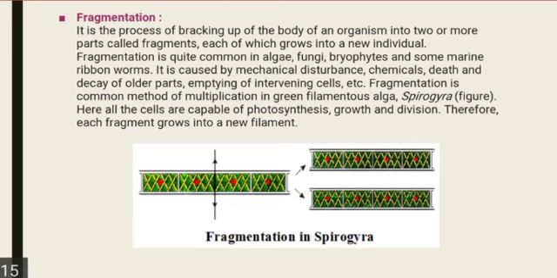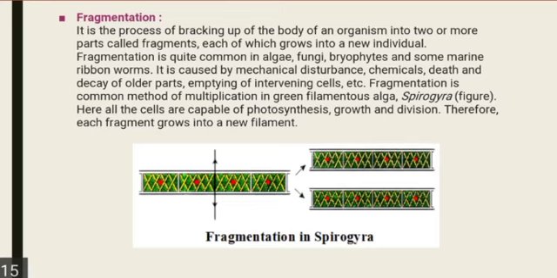Fragmentation is quite common in algae, fungi, bryophytes, and some marine ribbon worms. It is caused by mechanical disturbance, chemical death, decay of parts, emptying of intervening cells, etc. These are the reasons why the length of the organism splits into different fragments.